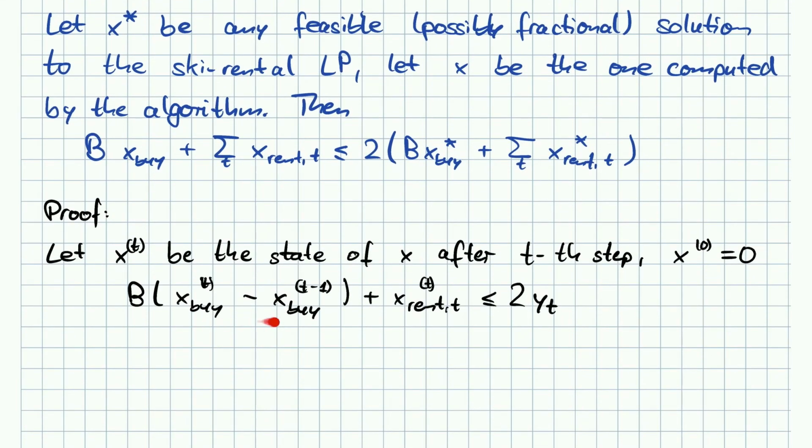We have x buy t minus x buy t minus 1, this is the increase of x buy. This increases by 1 over b if yt is 1, otherwise the increase is 0. So multiplied by b, this thing here will be no more than yt. And for this here, we also have that this is at most yt.